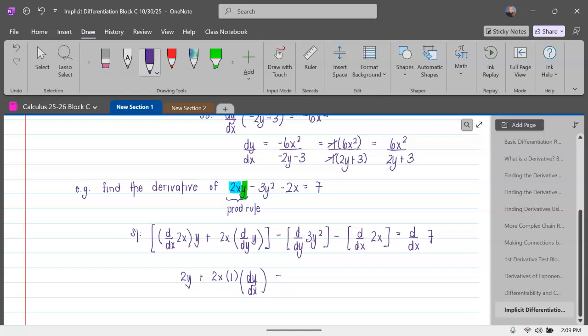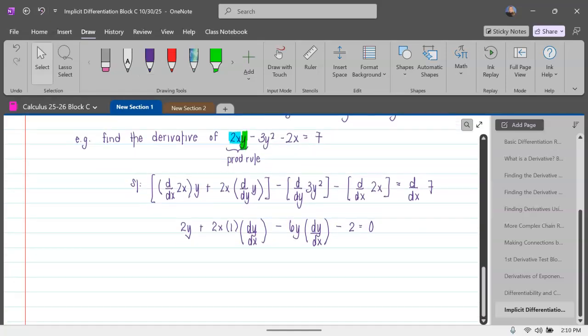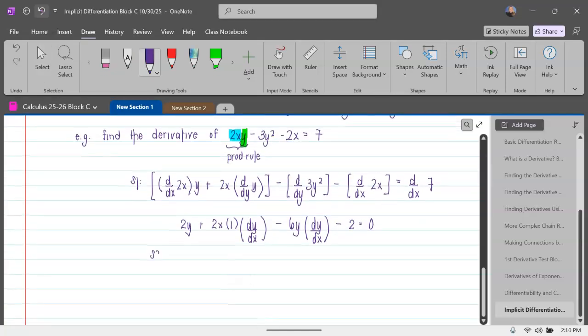Minus, what's the derivative of 3y squared? 6y dy/dx minus, what's the derivative of 2x? 2. Equals, what's the derivative of 7? 0.